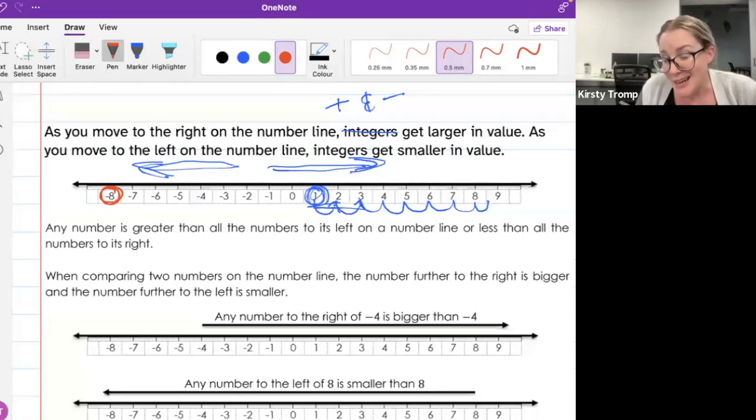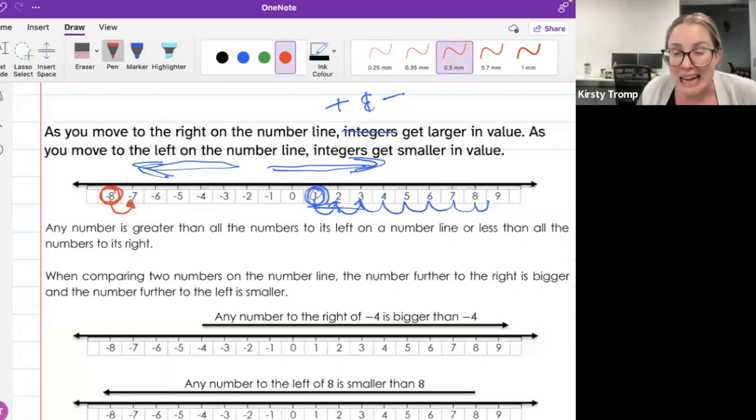If we move to the right on our number line, we know our numbers are going to get bigger. So if we move to the right, we go from -8 to -7.